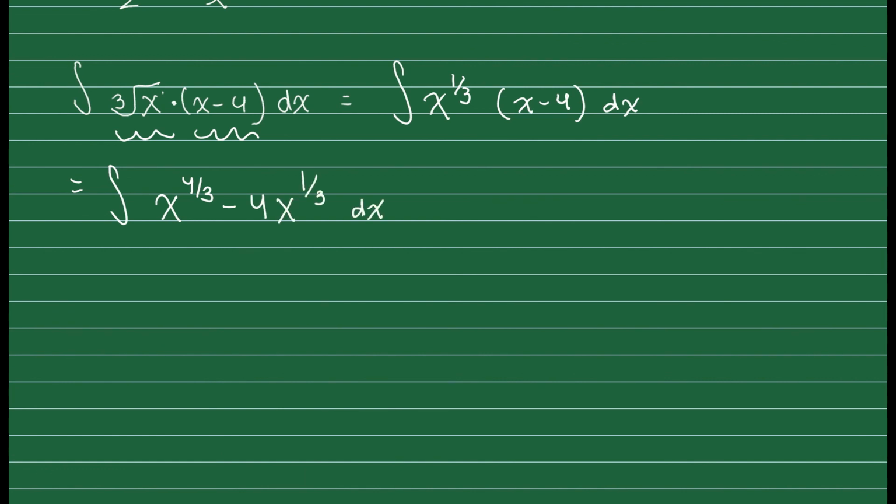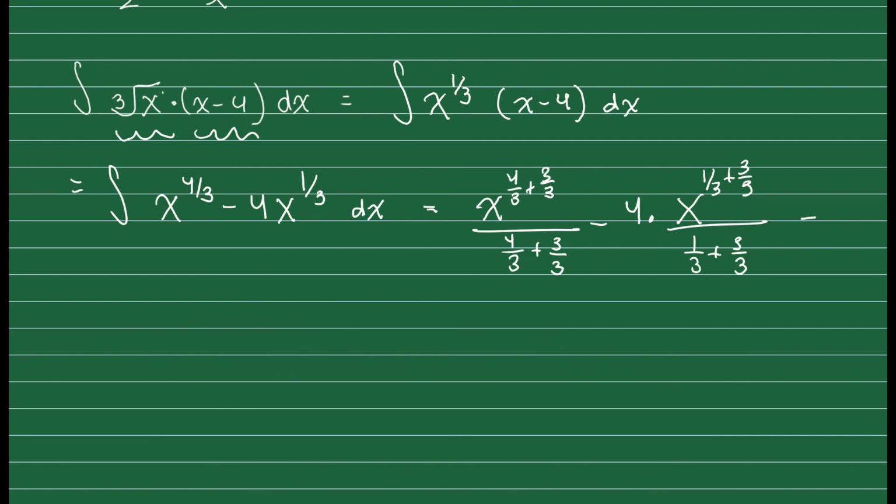At this point, we can go ahead and undo the power rule for integrals. This is x to the 4/3 plus 1, well, this one is disguised as 3/3, over 4/3 plus 1. And this is disguised as 3/3. Minus the 4, you hold it as a constant and you undo the power rule on the x to the 1/3 plus 3/3, plus our constant of integration, c.